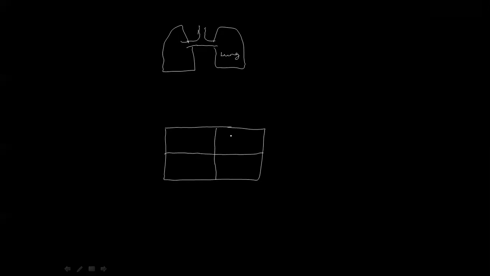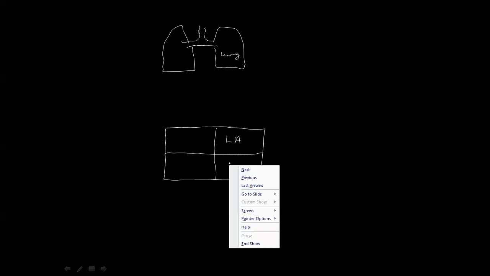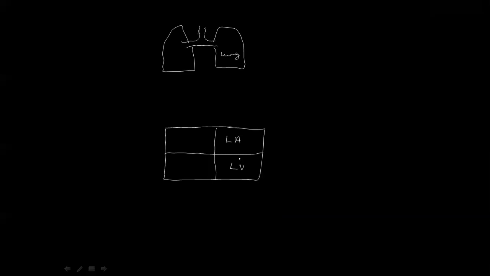So as I said, this will be the left atrium, this is the left ventricle, this is the right atrium, and this is the right ventricle. So you can use this box to represent that.